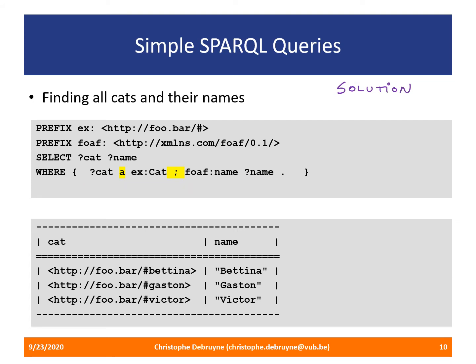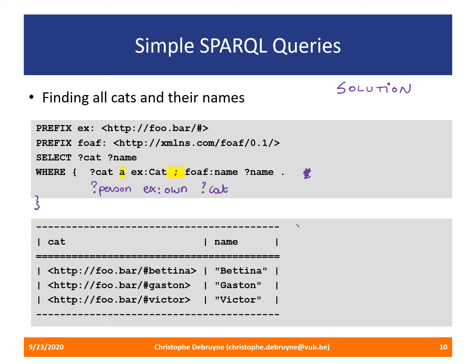For instance, we could have also looked for all the cats that have a name and that are owned by Christophe. So you might add an additional triple pattern, or owned by a person rather. So we have a person, and that person owns that cat.